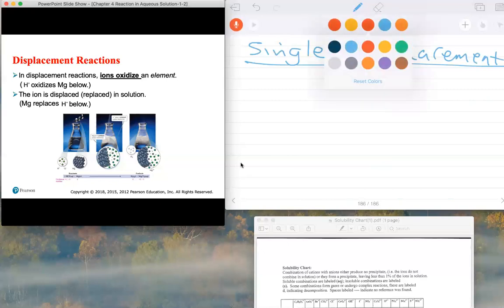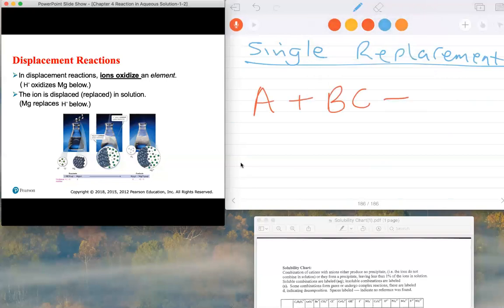It is of this type. All right. A plus PC going to AC plus P. We assume that this is a cation. This is an ion, negatively charged. And this is positive.